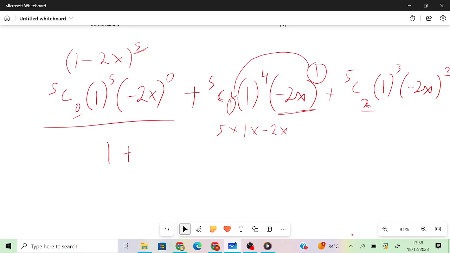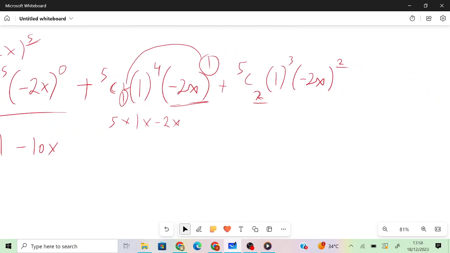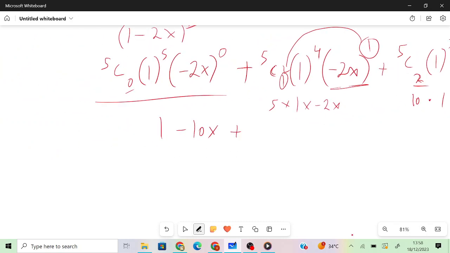This gives us a total of minus 10x. So this becomes 1 minus 10x. And then the third term, 5 combination 2, if I'm not wrong, is 10. So you have 10 times 1 times minus 2x squared. This becomes minus 2x times minus 2x, which is 4x squared. And doing this is plus 40x squared.